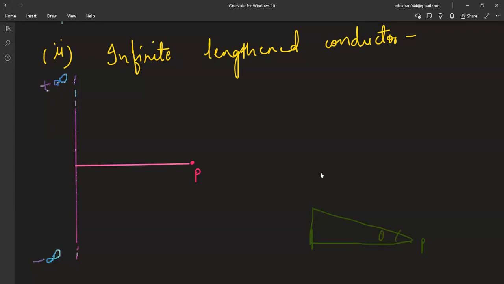Now I am extending this further, and this becomes greater. I am extending this further. Can you notice? Theta is becoming greater. Again I am extending this further, and this is becoming even greater.